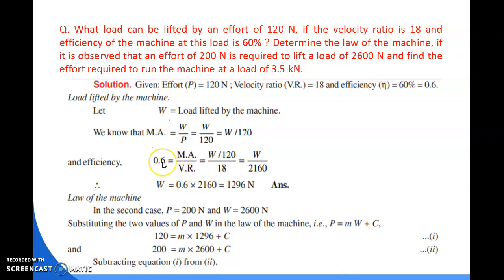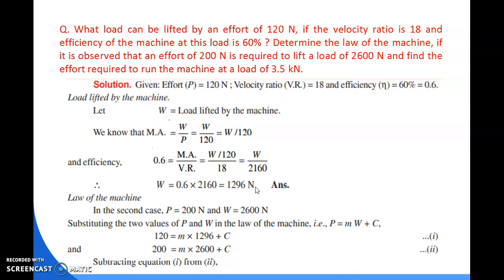Hence we can find the W value from here by cross multiplication. So the W value is equal to 0.6 into 2160, which is equal to 1296 Newton. So for the first case, the value of W, that is the load applied, is equal to 1296 Newton.